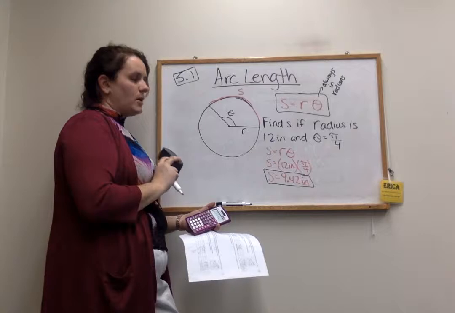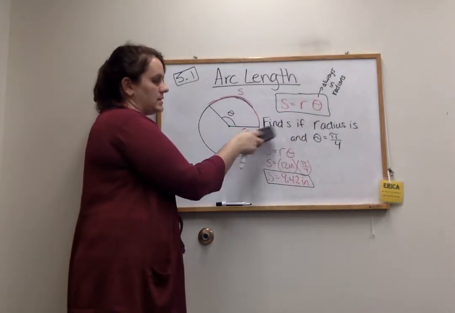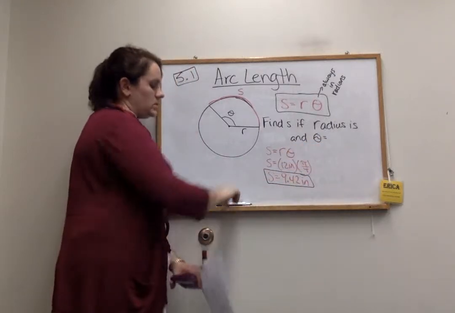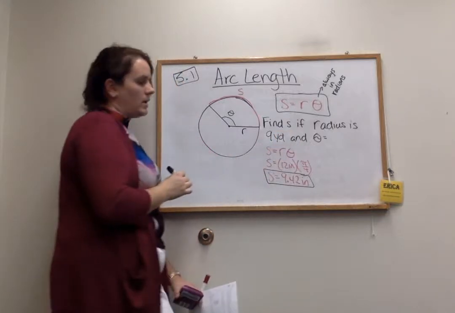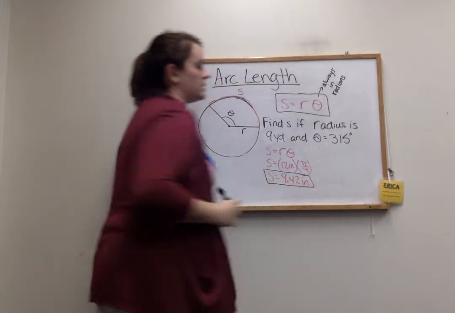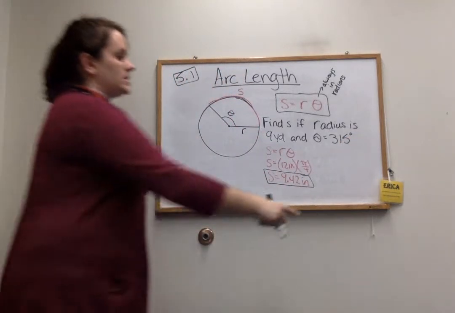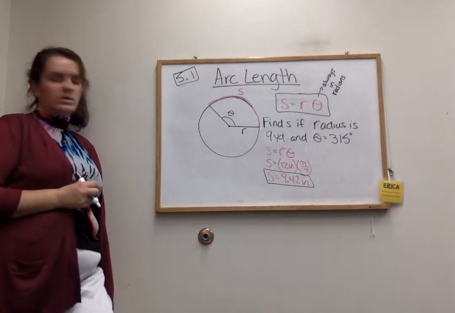So let's say for our second example, find the arc length if the radius is 9 yards, and theta is 315 degrees. The first thing that you should notice is that theta is in degrees, not radians, so we're going to have to convert that first.